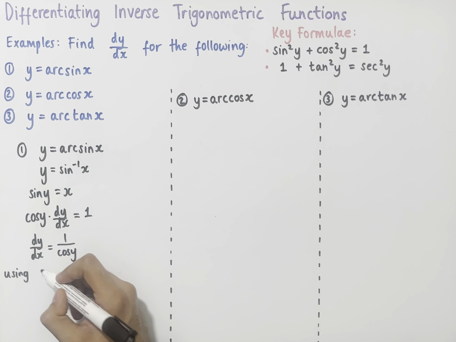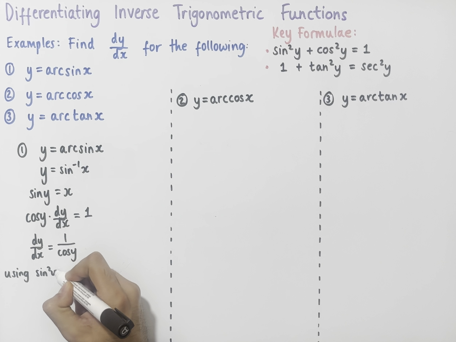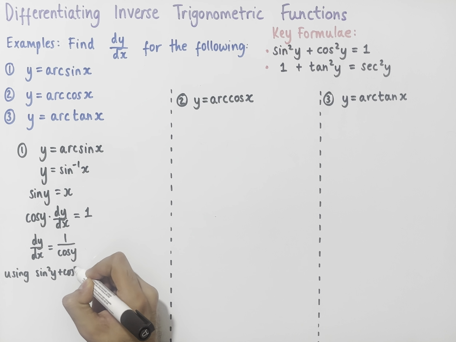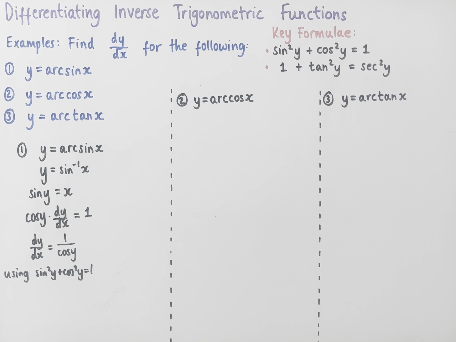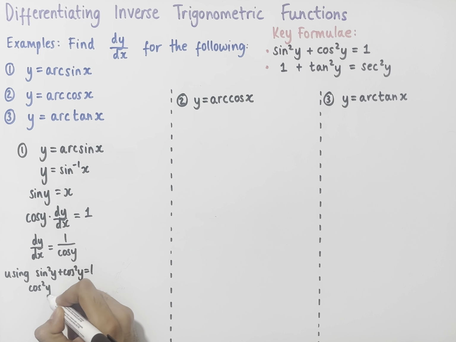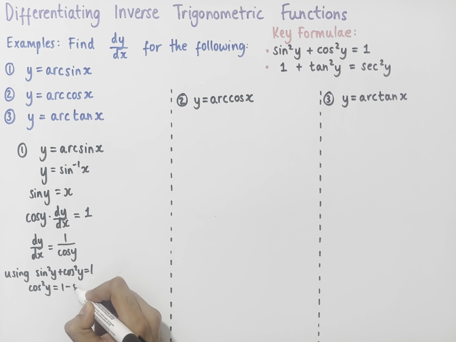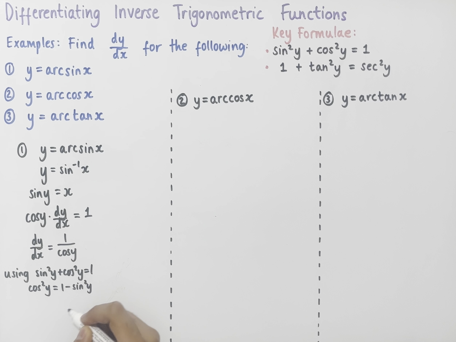Now using sine squared y plus cos squared y equals 1, if we make cos y the subject, then we get the following. Taking away sine squared y from both sides, we get that cos squared y equals 1 minus sine squared y, and then if we square root both sides, we get that cos y equals the square root of 1 minus sine squared y.